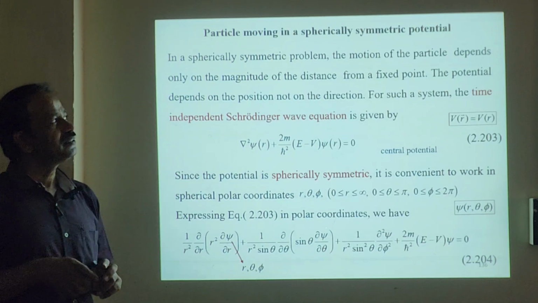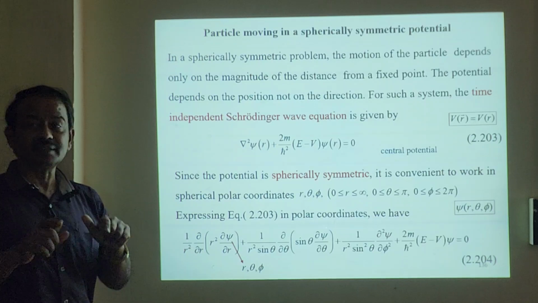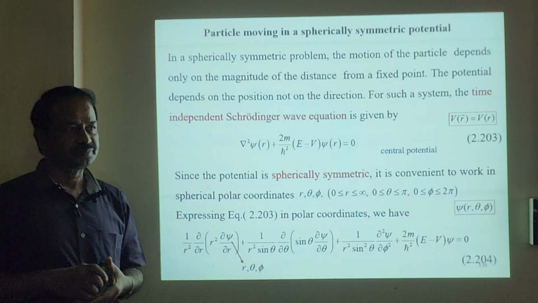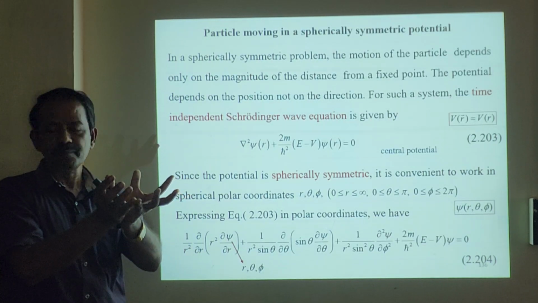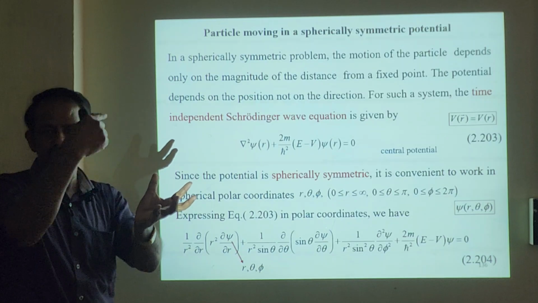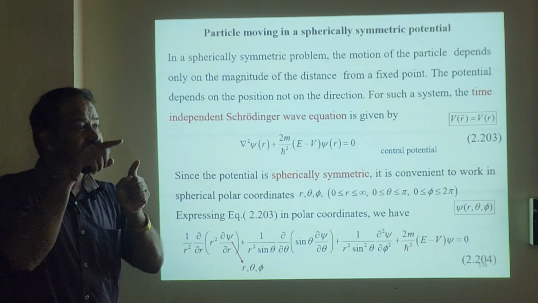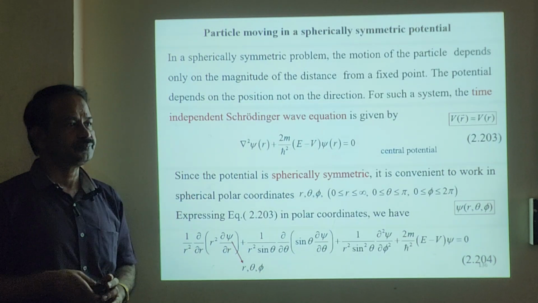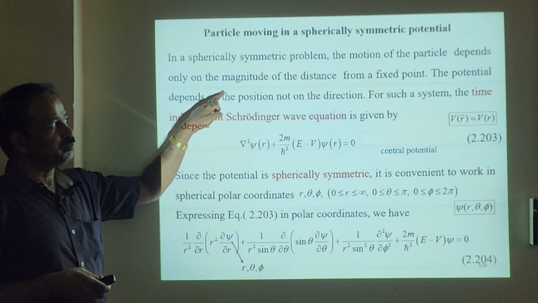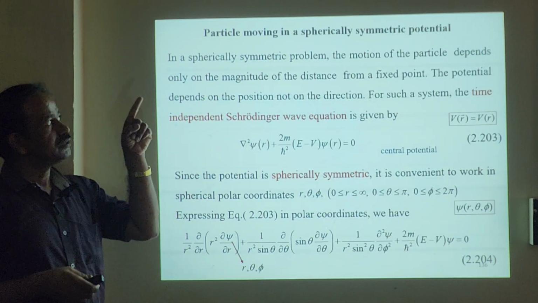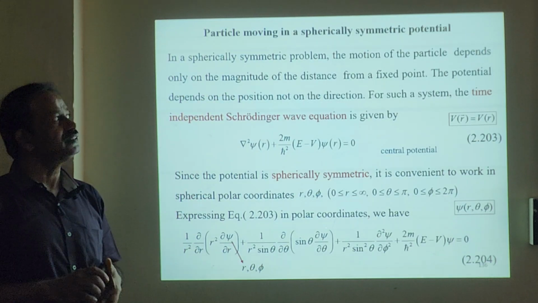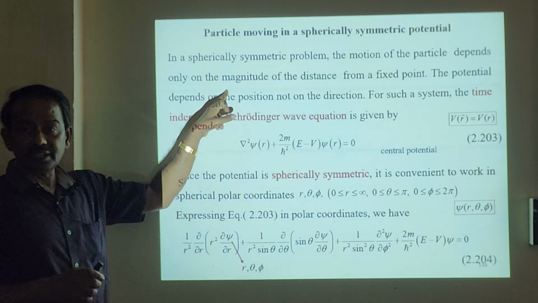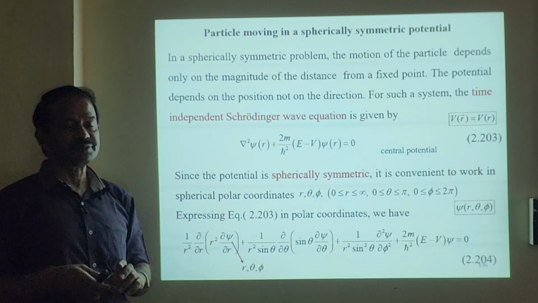That means the motion of the particle depends only on the magnitude of the distance from the fixed point. Suppose you consider a sphere, the potential is uniform everywhere, spherical. We are going to consider only the magnitude, not the direction. So the first point says that for a spherically symmetric potential, the motion of the particle depends only on the magnitude of the distance from the fixed point.